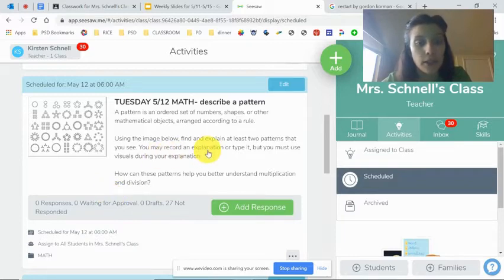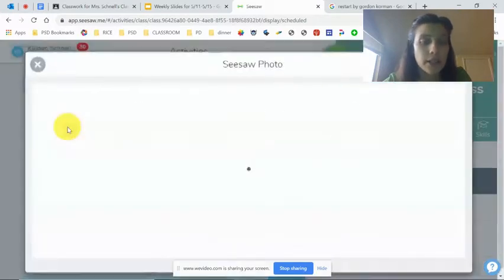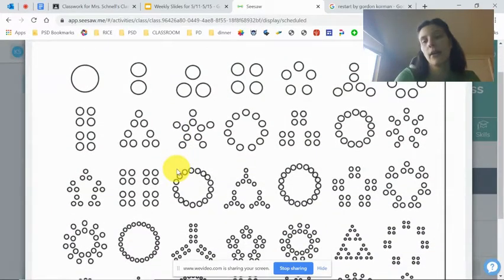You may record an explanation or type it, but you must use visuals during your explanation. How can these patterns help you understand multiplication and division?